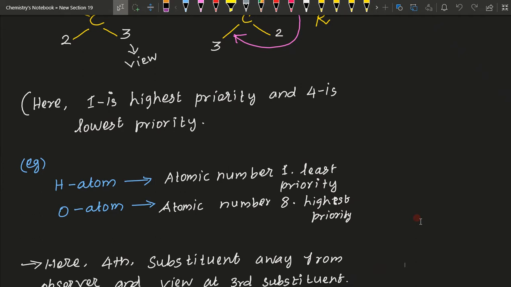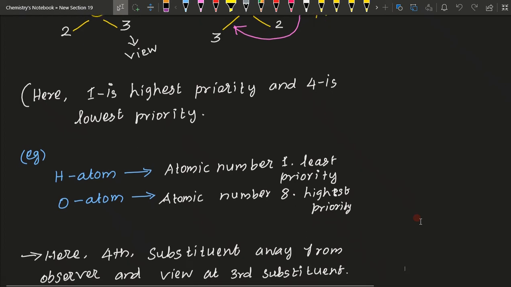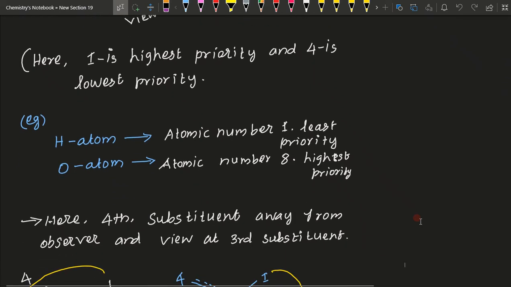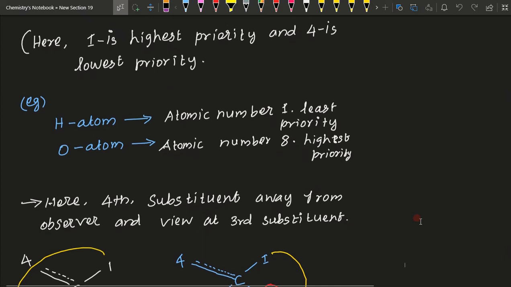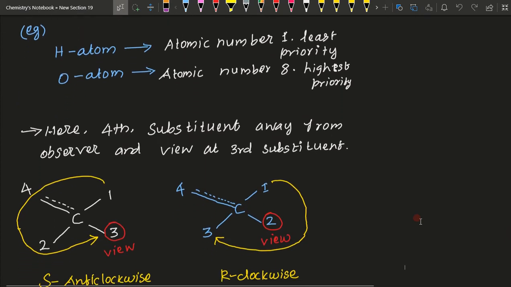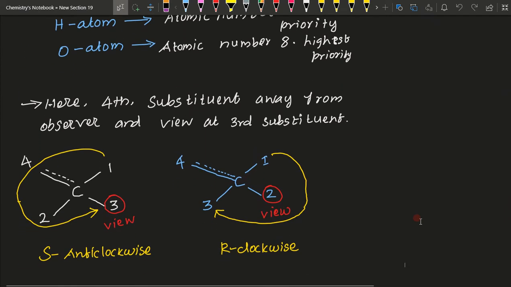Oxygen atom, atomic number 8, is the highest priority. Here the 4th substituent is away from the observer, and the view is at the 3rd substituent. See the diagram below.